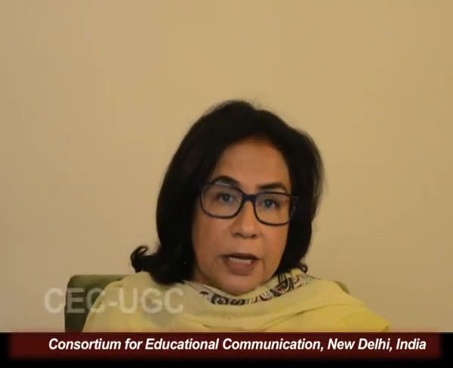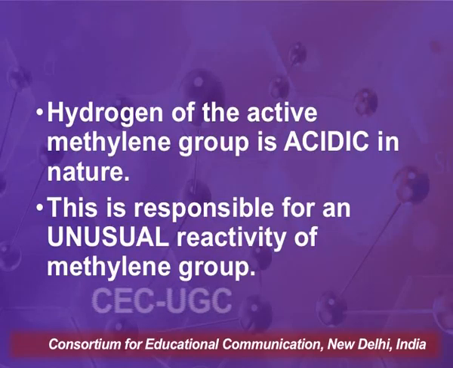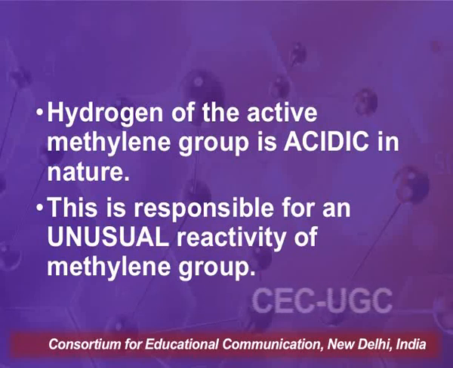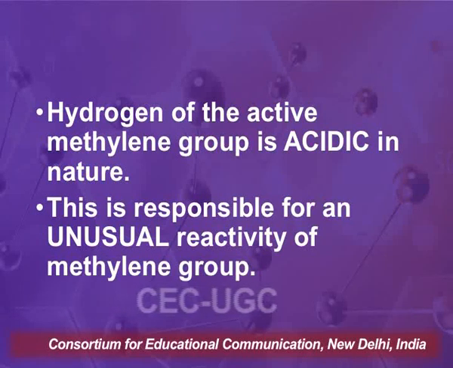Now the question is, why is this methylene group, which is sandwiched between two electron withdrawing groups, so reactive? It is because the hydrogen of the active methylene group is acidic in nature, and this is responsible for the unusual reactivity of the methylene group. In other words, the compounds containing this reactive methylene group are reactive and are important synthons.